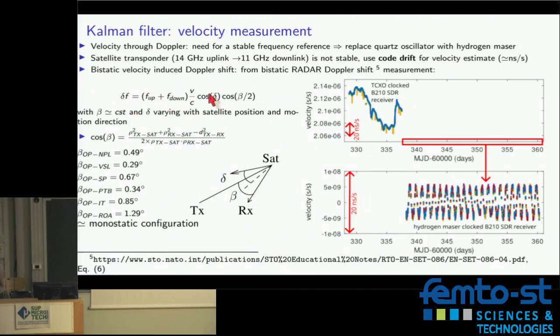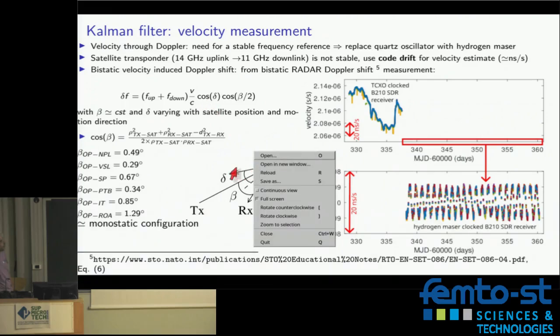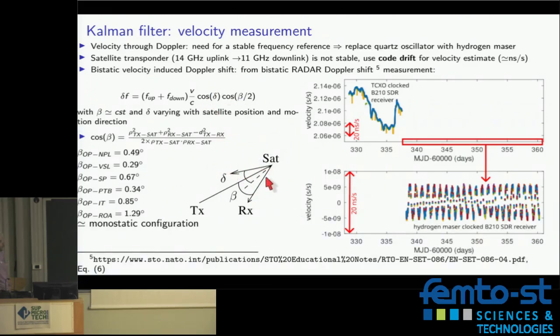And this is what you will find in all textbooks on bistatic radar, where the Doppler shift is the uplink frequency plus the downlink frequency, times the velocity of the target divided by the speed of light, times cosine of delta, times cosine of beta over 2. Now, you do the calculation in the case of Europe, and you remember that Europe is about 3,000 kilometers wide, but the satellite is 36,000 kilometers up, and because actually it's over the Atlantic, it's 35,000 kilometers.